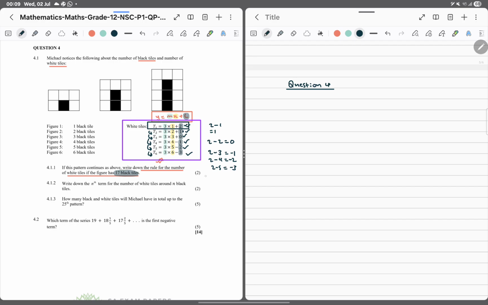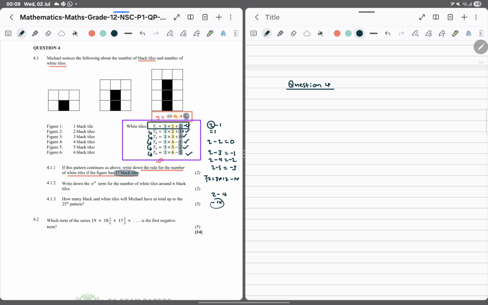So this means 17. It's going to be 3 times 17 minus. So this is going to be just 2 minus 16, which is going to be minus 14. So we put it down. So can you see? Following the pattern, guys, you don't need to do everything. Just study this well enough to know what is the rule. What are we doing for these constants? It means 2 is the generic value.